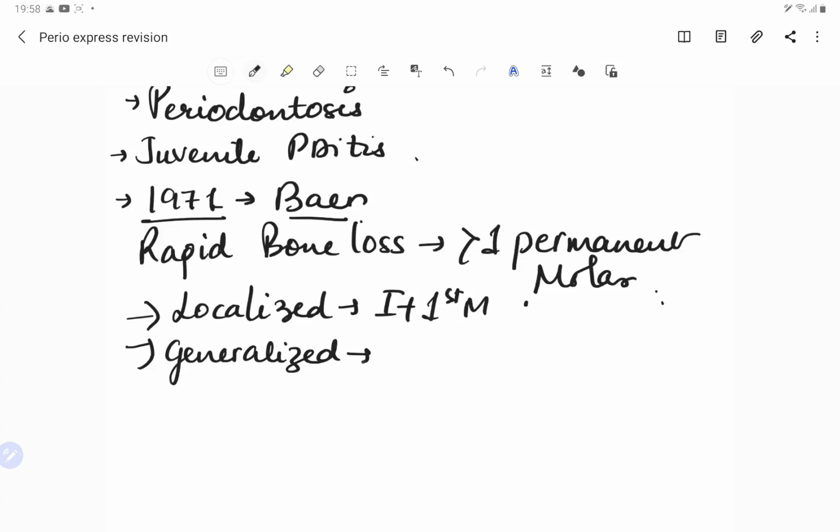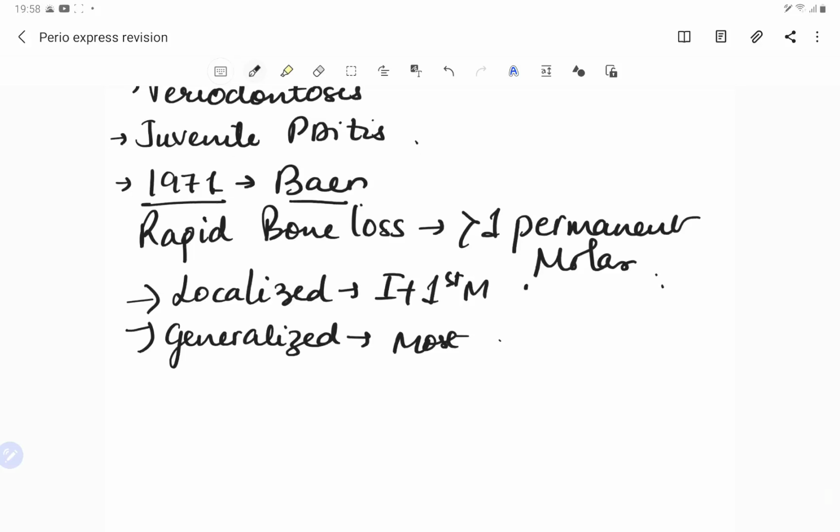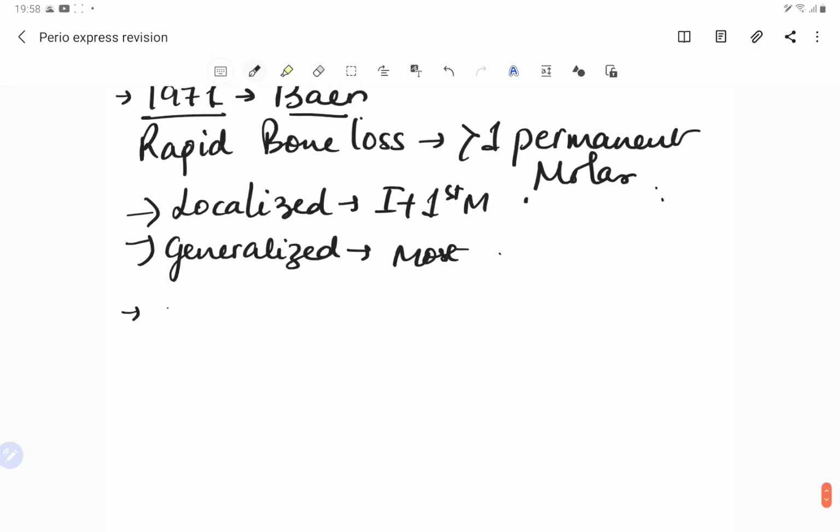And up till now we follow this classification. He also stressed that in case of aggressive periodontitis, the local irritant is not equal to the amount of destruction. So he said that the plaque is less, but the destruction is more.